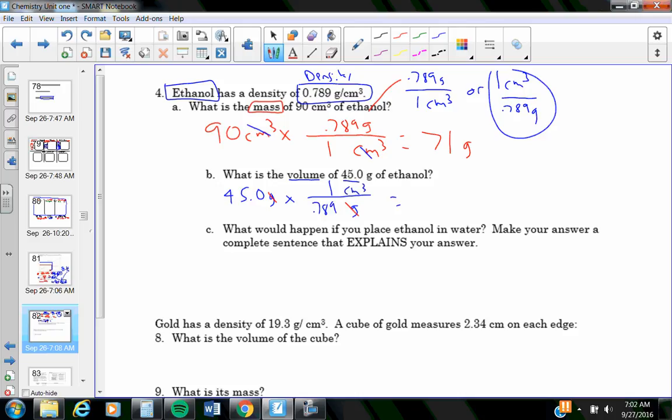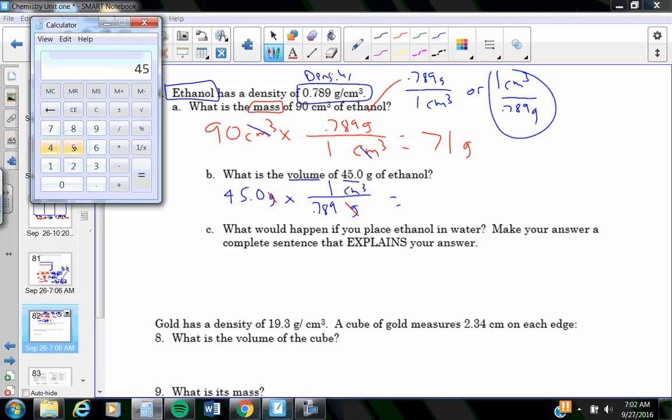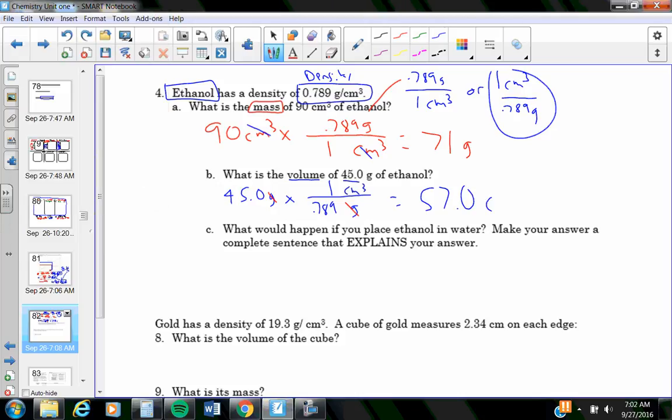When you have a fraction, 45 times a fraction, 45 times 1 divided by 0.789. Ultimately, it's just 45 divided by 0.789. Let me just redo that. I think I missed the 5. 45 divided by 0.789. And you should get 57 or 57.0 cubic centimeters or milliliters.